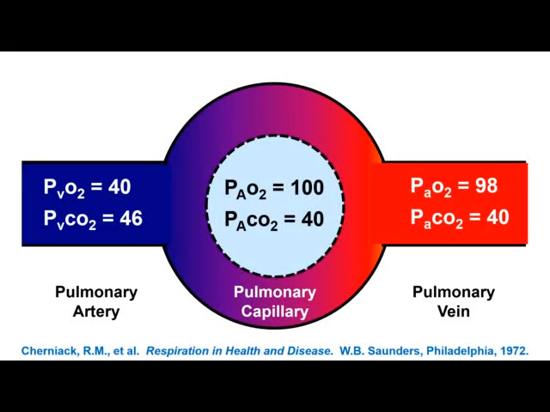In the normal situation, blood returns from the pulmonary arteries unoxygenated with a mixed venous PO2 of 40. It goes through the alveolar pulmonary capillary where diffusion occurs. The normal alveolar PO2 is about 100, and blood leaving the alveolus has a PO2 of almost the same as alveolar. Diffusion for oxygen is not quite complete, but pretty nearly complete.